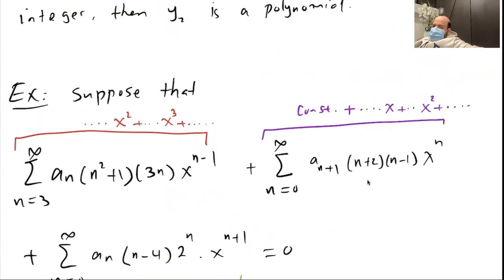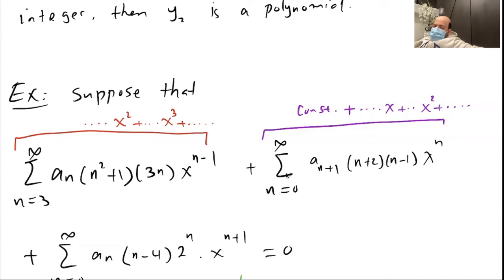And then the n equals 1 term, which is the x term: a_2 times 3 times 0. Now anything times 0 will be 0, so I can just delete that term. The coefficient of the x term will be 0.